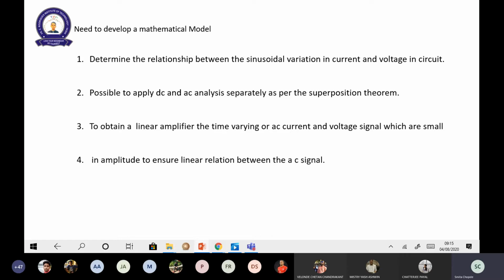Now here, as I said a few seconds back, we can do the analysis on both platforms, DC analysis as well as AC analysis separately by using superposition theorem. So it can be applied, or it is applied definitely, by using this mathematical model.